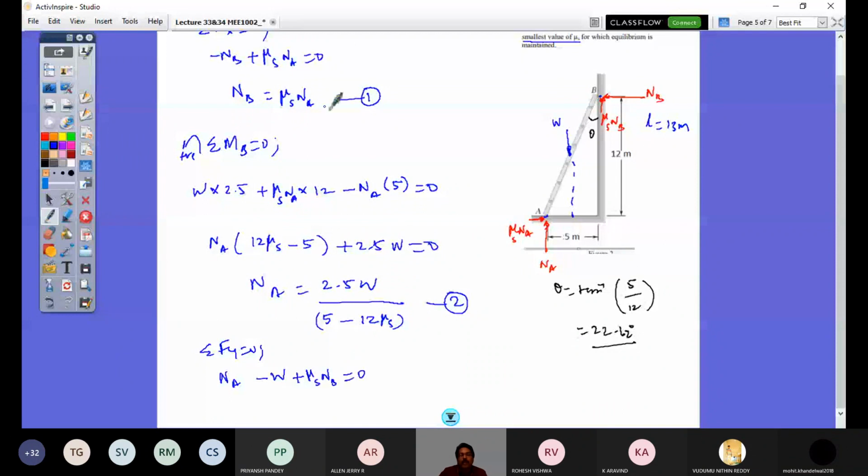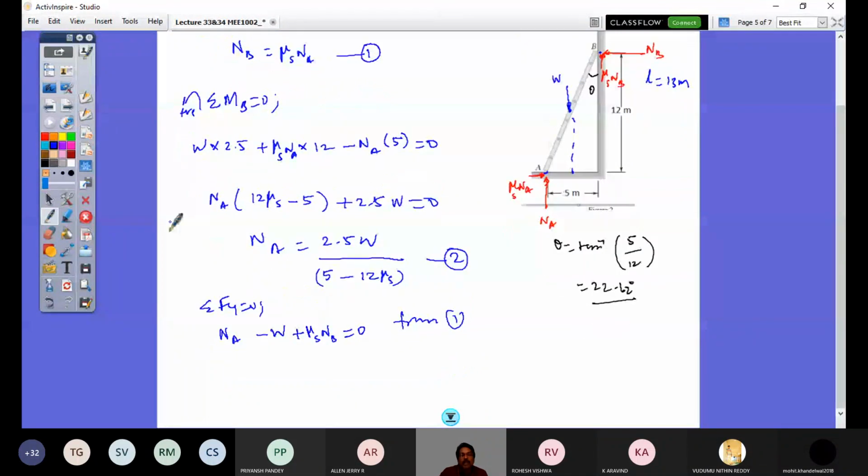So from 1, I can rewrite this equation 3 as NA minus W, NB is mu s times NA, so plus mu s square NA equals 0. So this would become NA, if I take it out, I would have inside 1 plus mu s square, minus W equals 0. So that solves for NA.